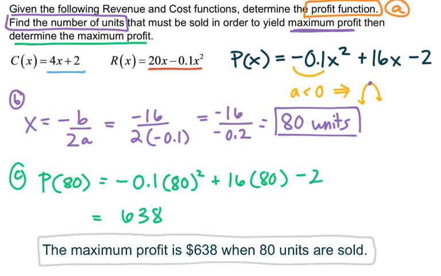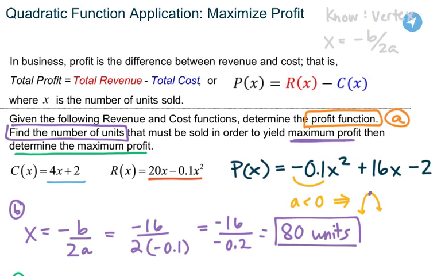So that will conclude this video, and the main idea that I want you to take away is that if you have a word problem and they ask you to maximize, or if the word problem says minimize, that means in this class you're going to have a quadratic function, and you can find that vertex by calculating the x value, negative b over 2a.